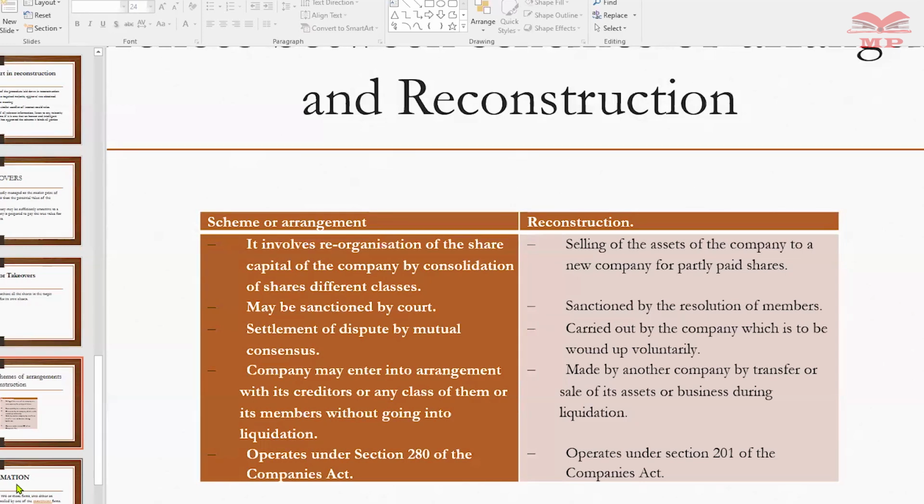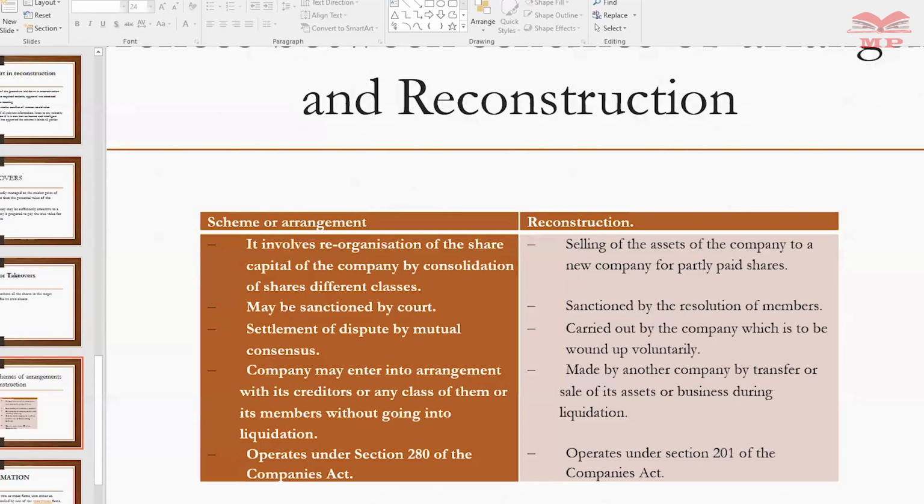For a scheme also, the company may enter into arrangements with its creditors or any class without going into liquidation, but a reconstruction will be made by another company by transfer or sale of its assets during liquidation. A scheme operates under Section 280, but a reconstruction operates under Section 201 of the Companies Act.